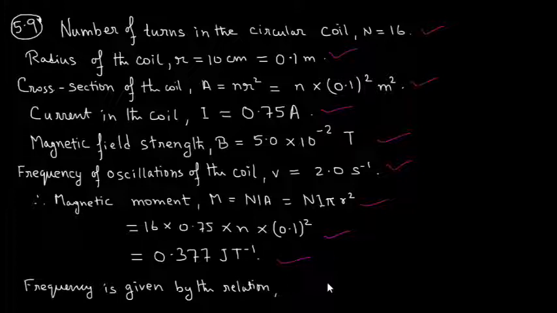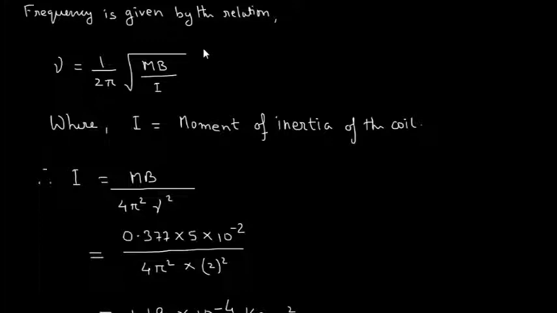Frequency is given by the relation nu is equal to 1 by 2 pi under root mb upon I, where I is the moment of inertia of the coil. So calculating the value with respect to I, that is I is equal to mb upon 4 pi square nu square.